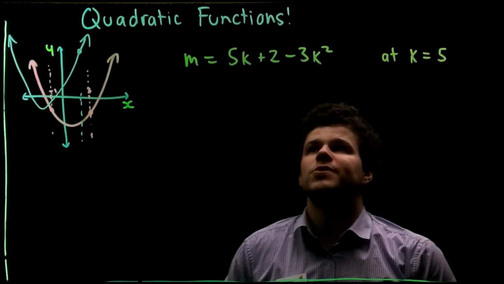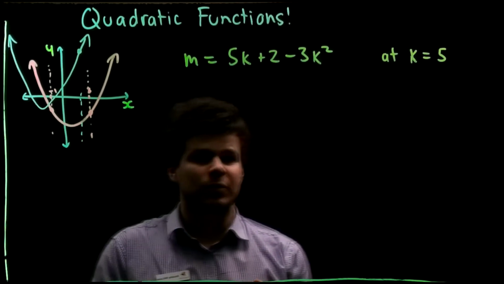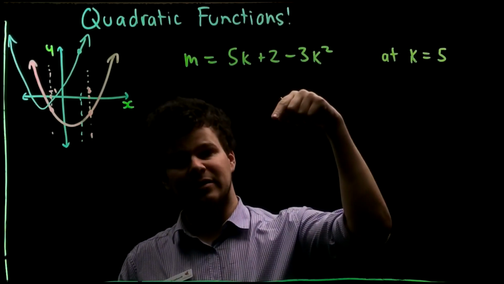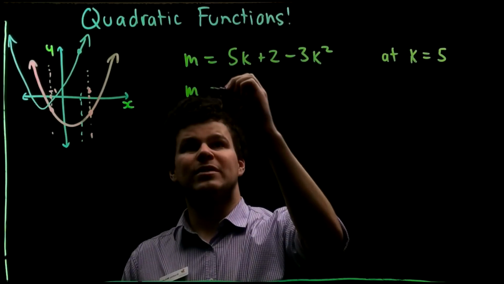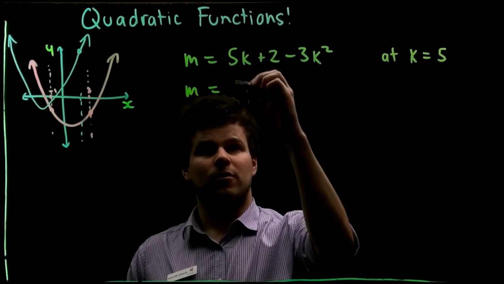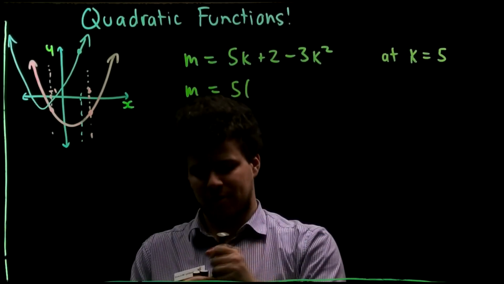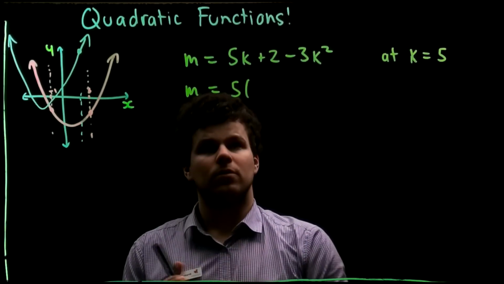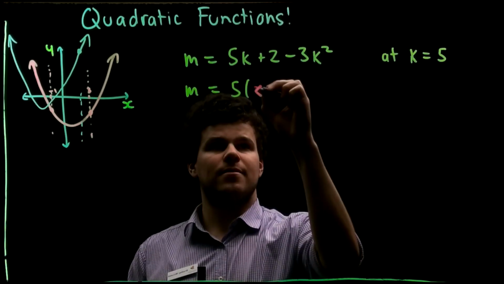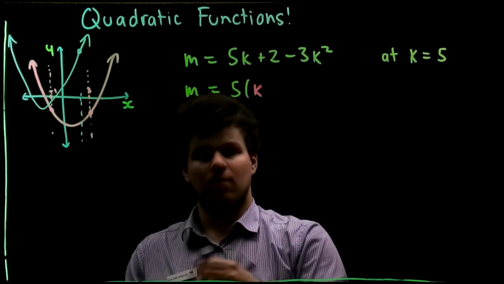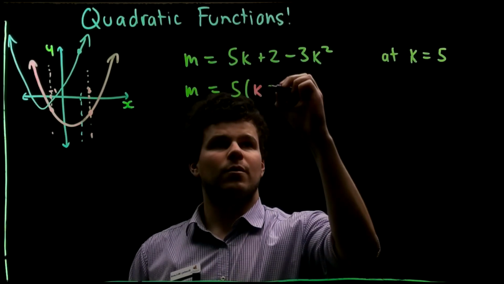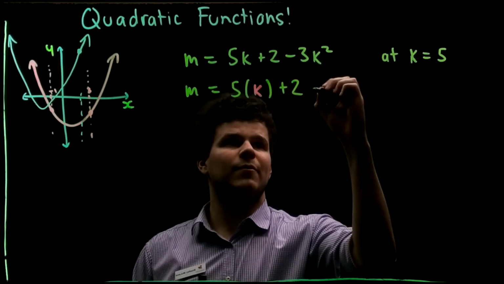So what we do is we just simply substitute this back into the equation. Everywhere we see a k, we're going to put a 5. So we've got 5, whoop, there's a k straight away. So in it comes in there. Then we've got plus 2, that's alright.